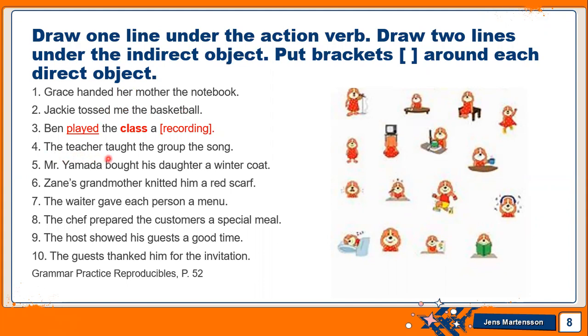The teacher taught. This is the action verb, taught. The group, the song. What did the teacher teach? The song. So this is the direct object. To whom? To the group. The group is the indirect object. So I put here, one second, let me annotate.